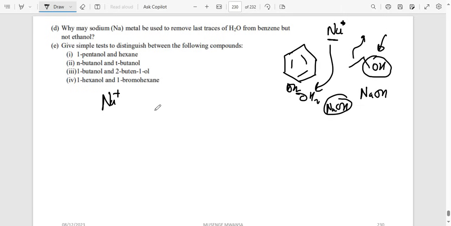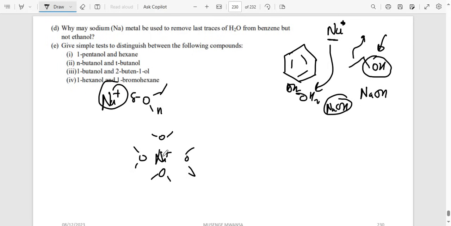Sodium can form an ion, and this ion can be attracted to the oxygens, which have got partial negative charges. So this thing can be solvated. In other words, it's going to be surrounded because you have got a polar solvent. The negative oxygen will be able to surround it like that. So this ends up dissolving the sodium. The other water molecules that you add will just be in solution here. Sodium will not be able to react with them to form sodium hydroxide, which can form a solid that you can remove.